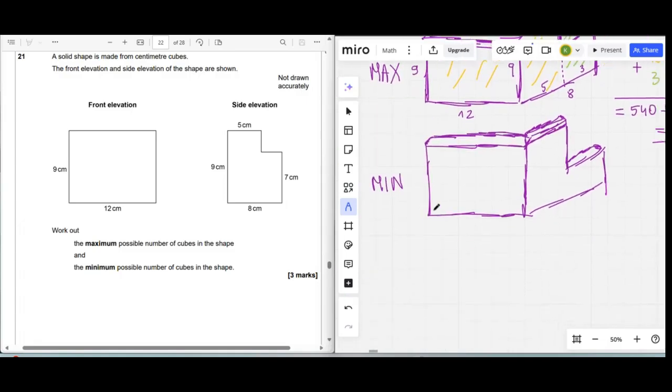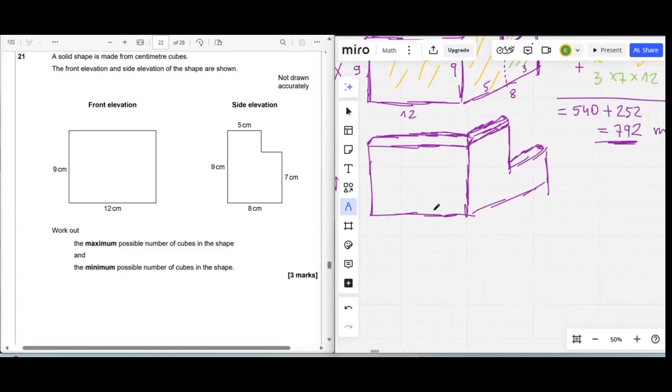Now the minimum. How to approach this? Then I think we need 3 parts. That first block is this one.